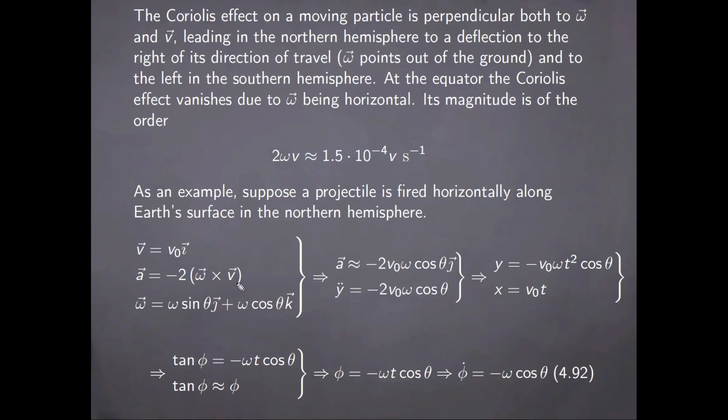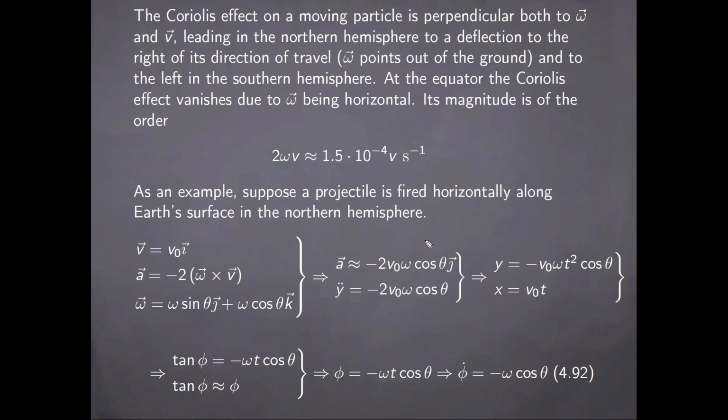If we put these things together and calculate the acceleration, it is approximately given by the expression here, approximately because we are neglecting the vertical component that would follow from this cross product. The idea being that the local vertical component is going to be very small compared to the local component of gravity, or gravitation, and as such we can neglect it.